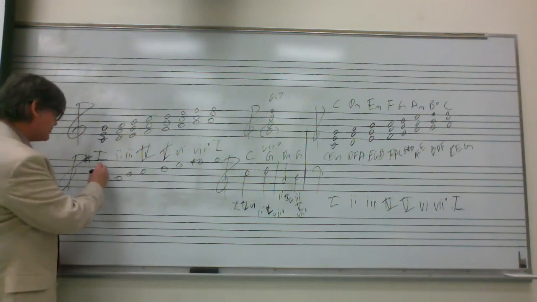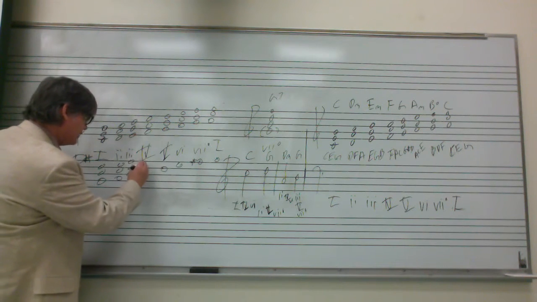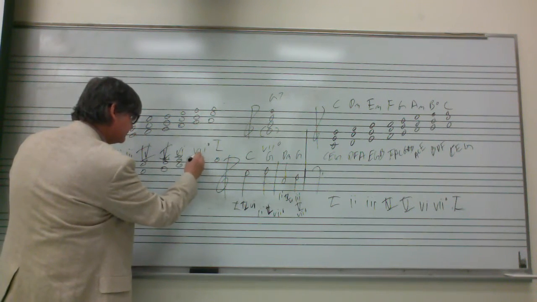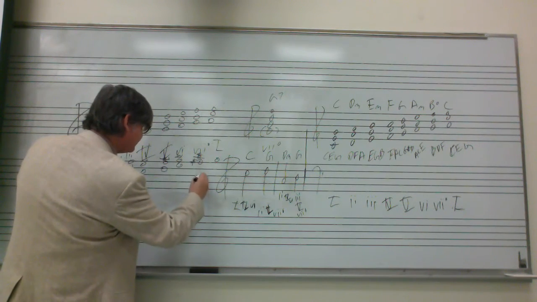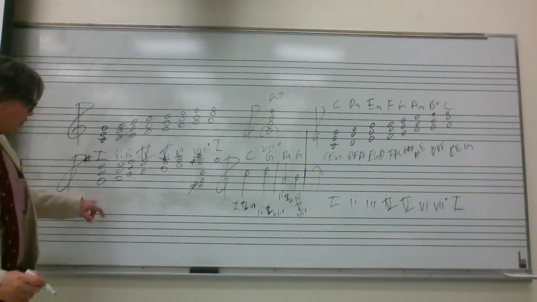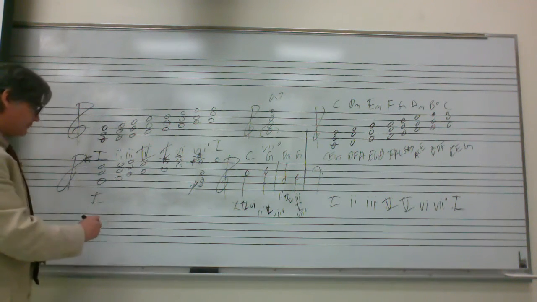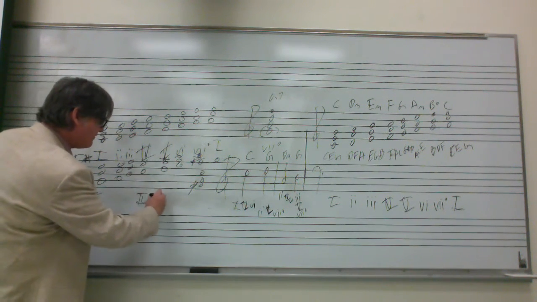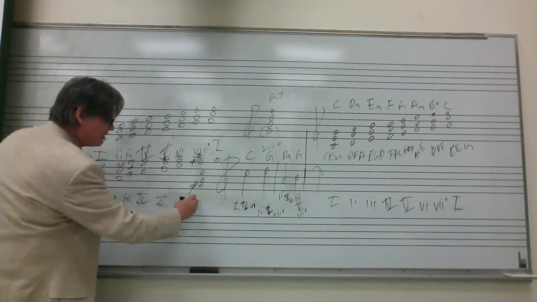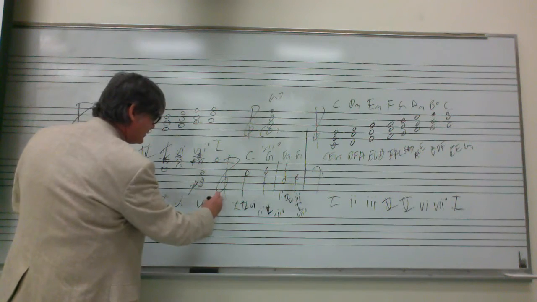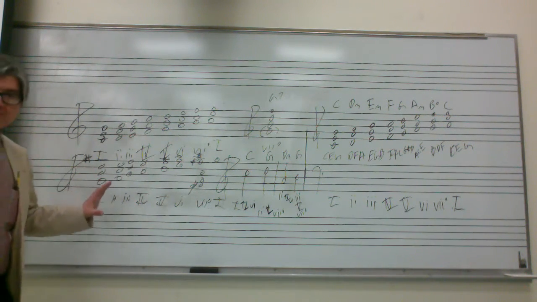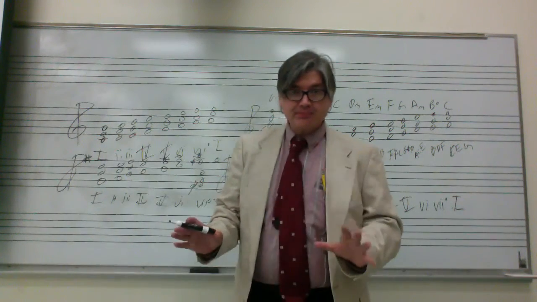If I stack thirds, some of these are going to get a little bit messy because I'm running out of space, but I'll just put it down here. And then of course the G chord's up here again. So the 1 chord, the 4 chord, and the 5 chord are all major. The 2, the 3, and the 6 are minor, and the diminished chord is the 7th degree. And it doesn't matter what key I'm in. That's how you can spell your chords and put them together.